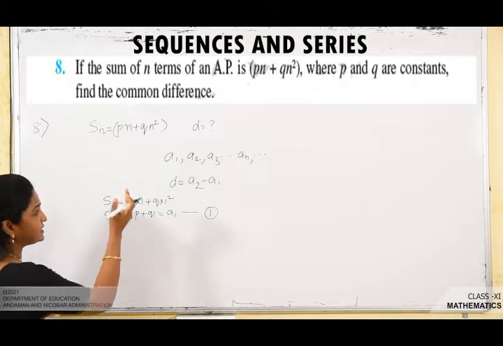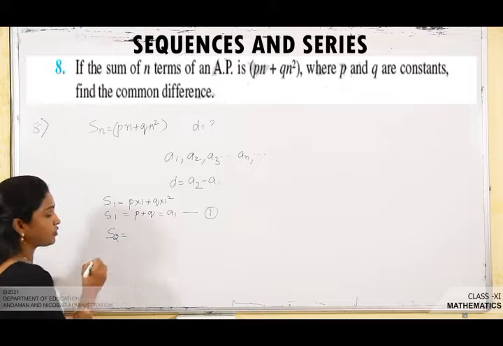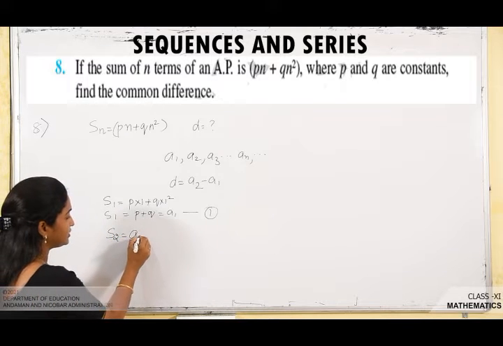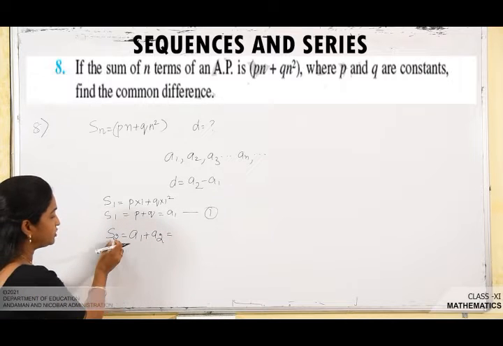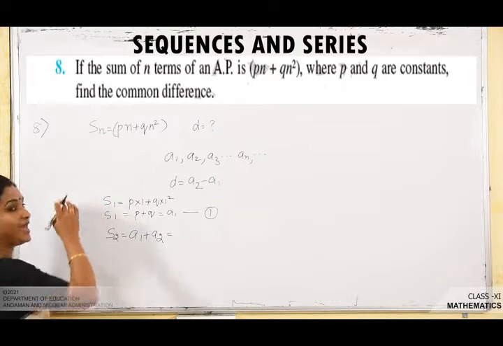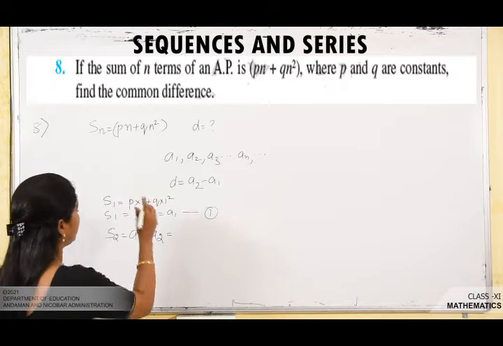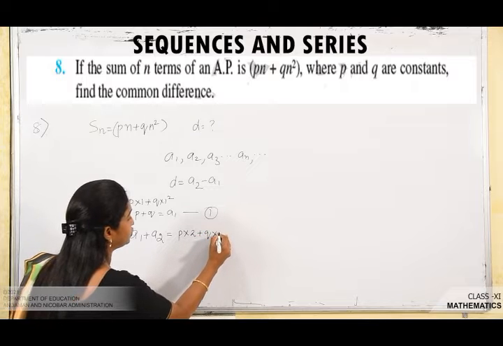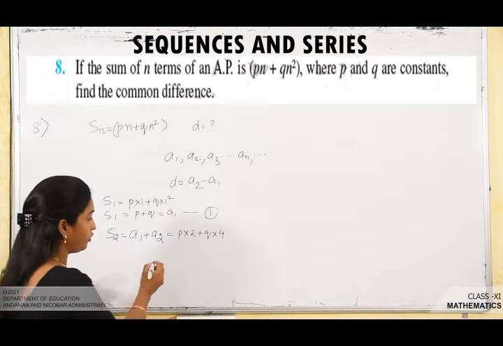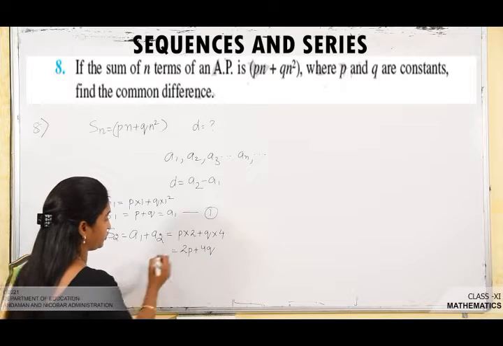Now to get the second term, the sum to two terms of an AP means A1 plus A2. Now for A1 plus A2 you have to substitute in place of n as 2. So when you substitute n as 2, what are you going to get? P into 2 plus Q into 2 square, that is 4, so 2P plus 4Q.